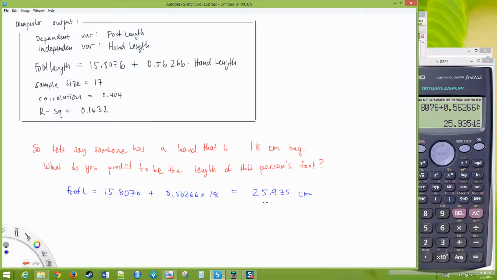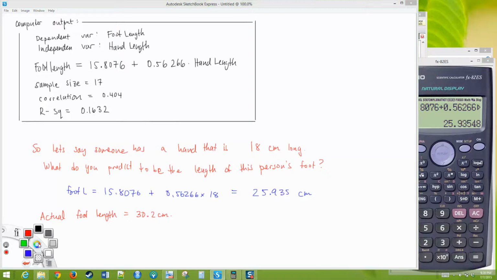Okay? Let's say we actually measure the person's foot. Actual foot length was 30.2 centimeters long. Okay? So I'm going to ask another question. How far off was our prediction?